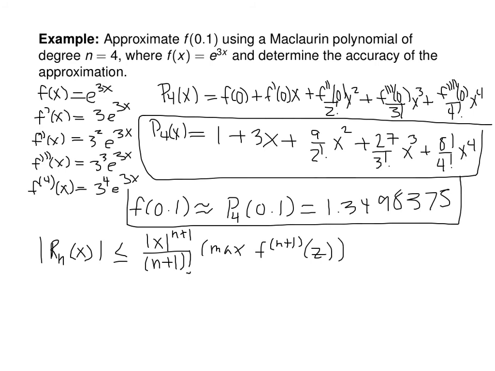And in this case, because we found R4, we have the absolute value of R4 of x is less than or equal to the absolute value of x to the 5th over 5 factorial, and then the max of the 5th derivative.